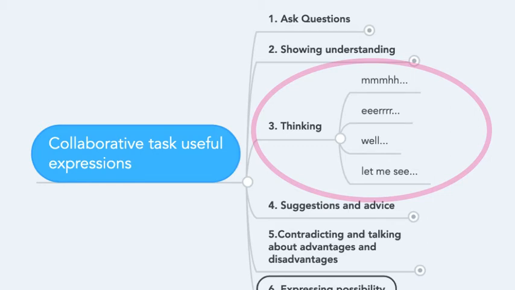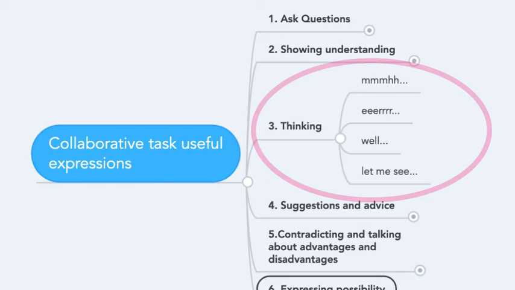Don't be afraid of using sounds that sound native, because even the examiner uses this to gather their thoughts. They have to think of a way of answering, and you also have to think of ideas to answer the examiner. It's great to use these expressions because it sounds natural and it gives you time to think.